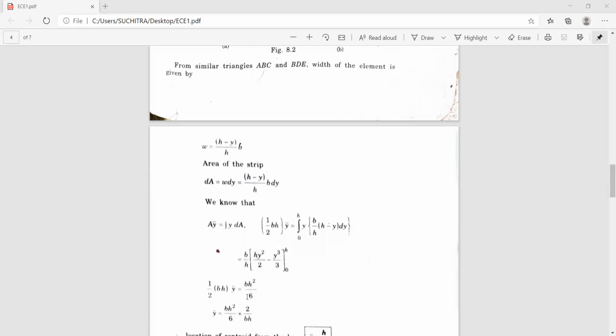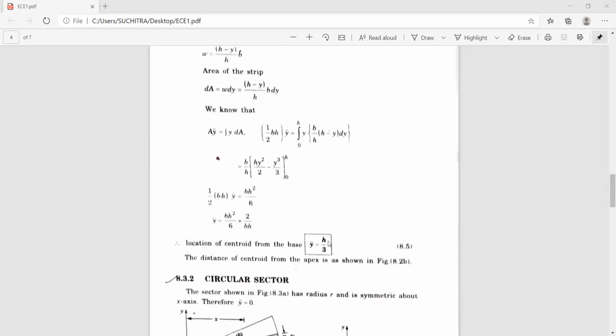On simplification, you will get b h square by 6. Now you want y bar. So y bar is equal to b h square by 6 into 2 divided by b h. So b gets cancelled, and h square over h remains. So finally, the location of the centroid from the base, y bar, is equal to h by 3.